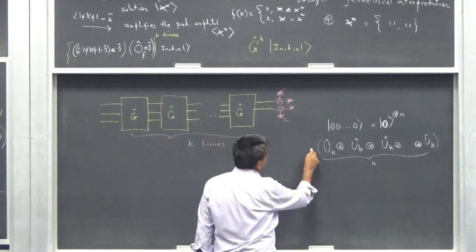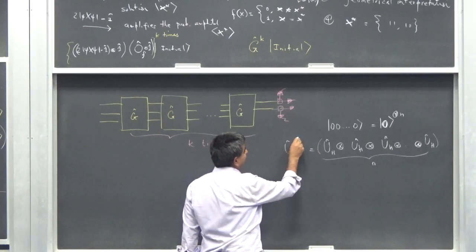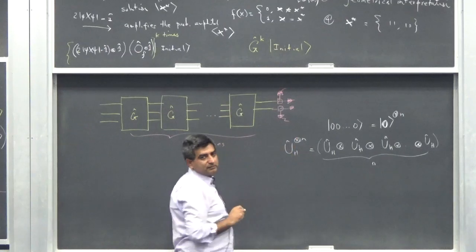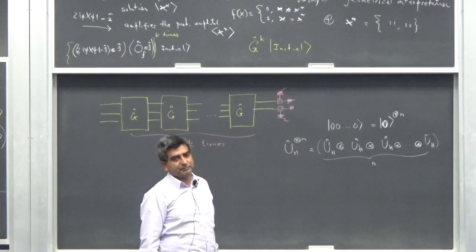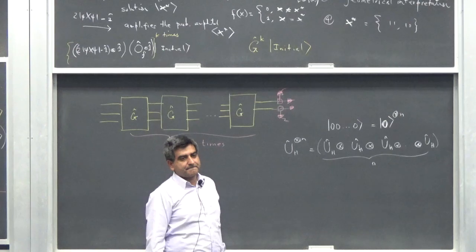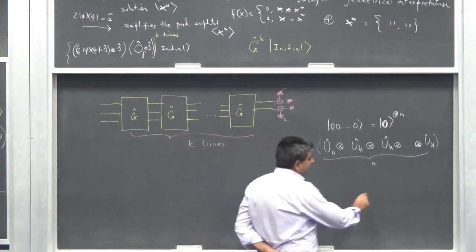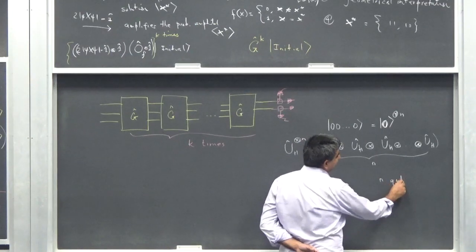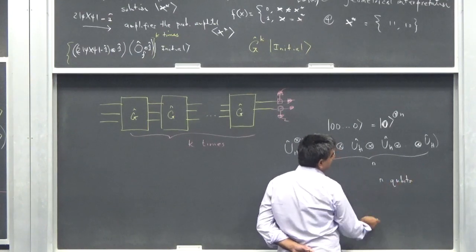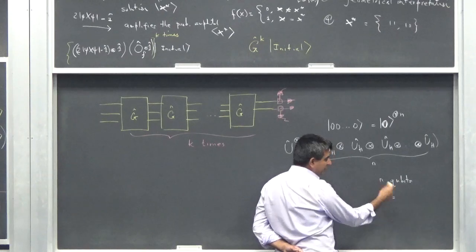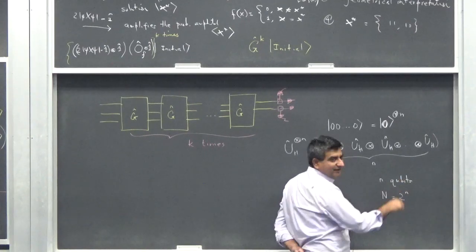Okay, so a big Hadamard gate. That's what you would like to do. By the way, if I use n qubits, the number of possible states is 2 raised to the power n.